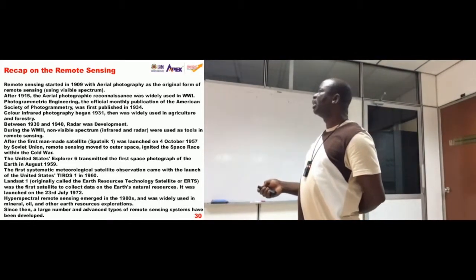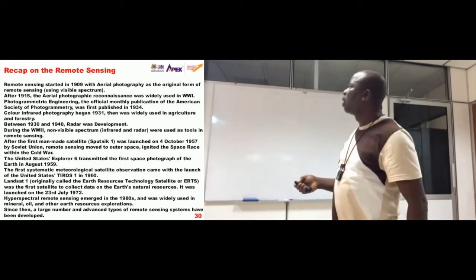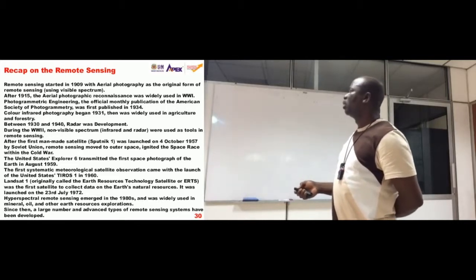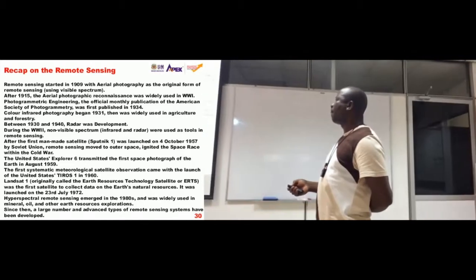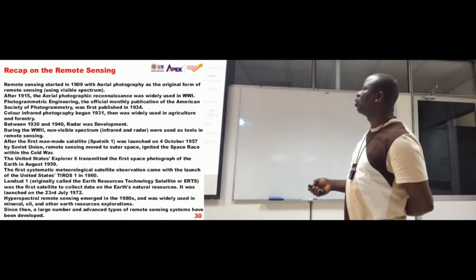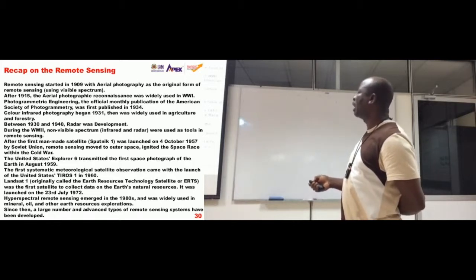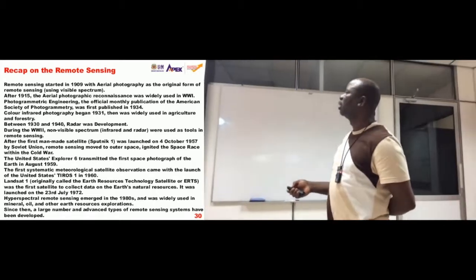But between 1930 and 1940, radar was developed. During World War II, the non-visible spectrum, the infrared and the radar, were used as tools in remote sensing.